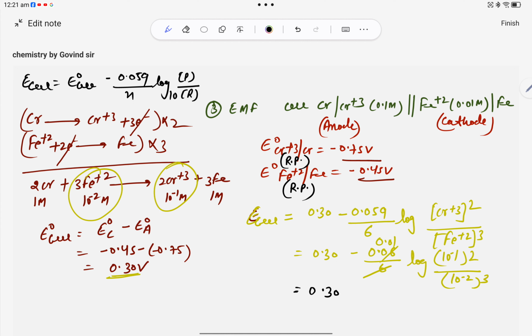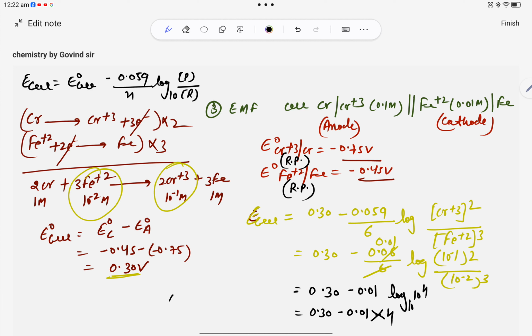Then 0.30 minus 0.01, 3 2s are 6 and here 2, so it will be log base 10 to the power 4, here minus 6, yes minus 2, so 2 cancel, 10 to the power 4. So it will be 0.30 minus 0.01 multiplied by 4.